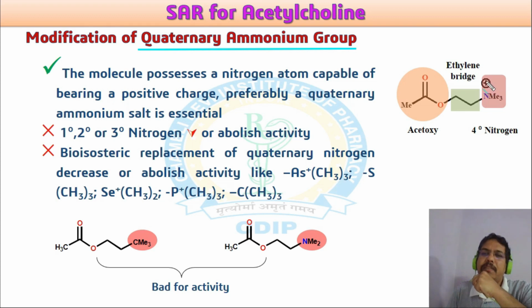moiety. But if we change this quaternary ammonium part by means of a non-cationic group or moiety, although it is isosteric to NM2, it does not have a cationic portion, and in that case the activity drastically falls down or is abolished.